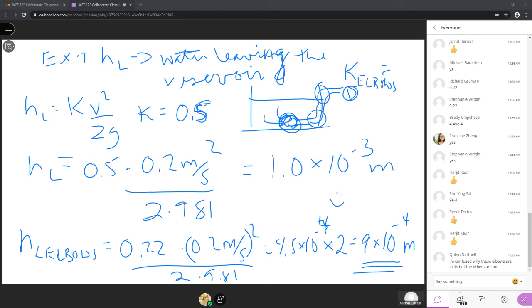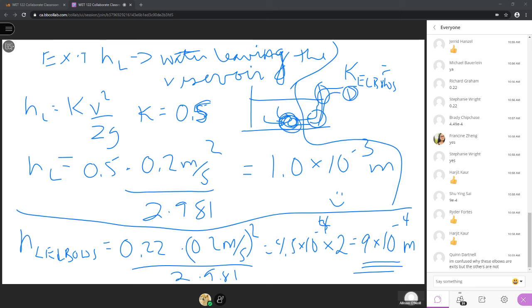These elbows are just 90-degree elbows. So we have two sets of calculations here: the exit up here, and I'm sorry, this is kind of messy, and then the two 90-degree elbows here and here. I'm going to go back to our original slide for a moment.